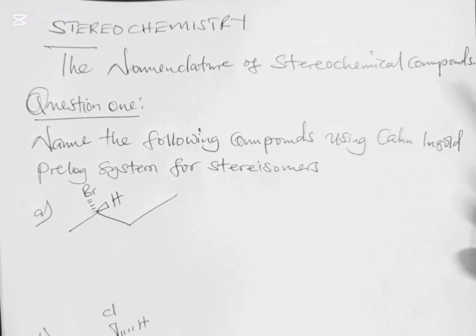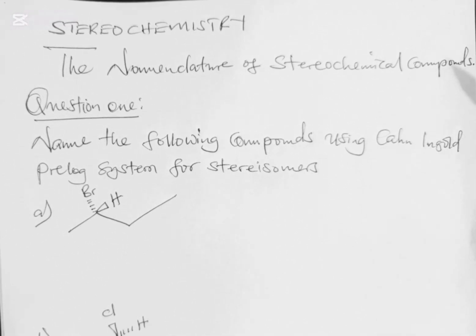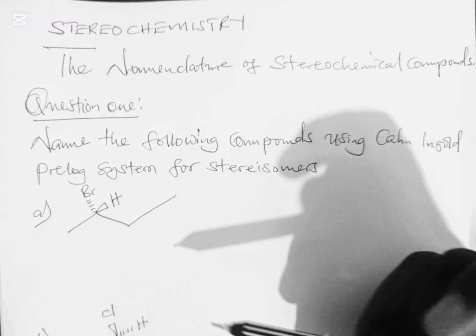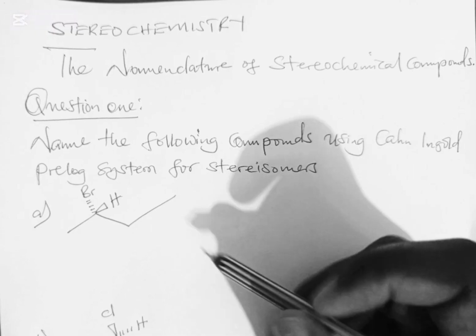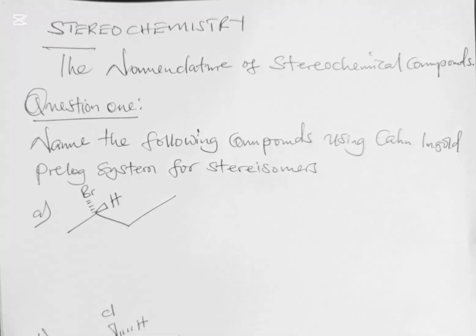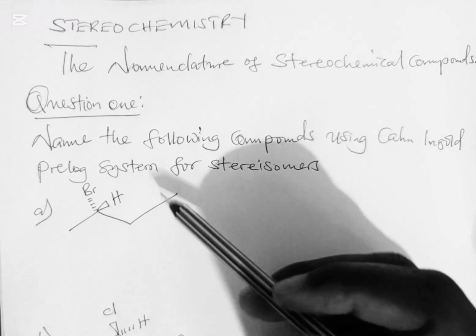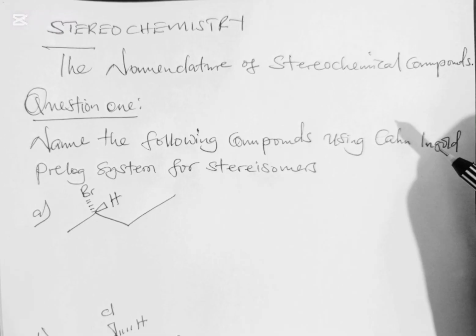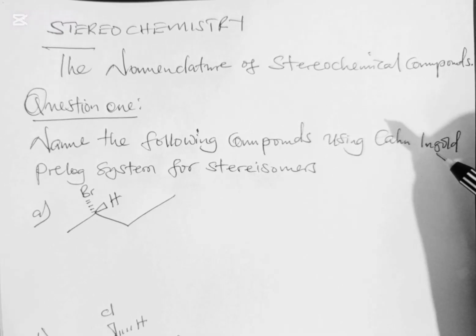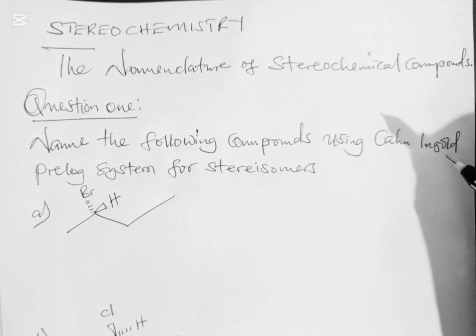Now, the question was, name the following compounds using Cahn-Ingold-Prelog system for stereoisomers. So this was the first compound that we were given, and the question is asking us to actually name this compound here. Now, remember that this is a stereochemical compound. So when you're naming stereochemical compounds, we don't just name them as we name organic compounds, but rather we should be able to take into account the RS configuration where it applies.